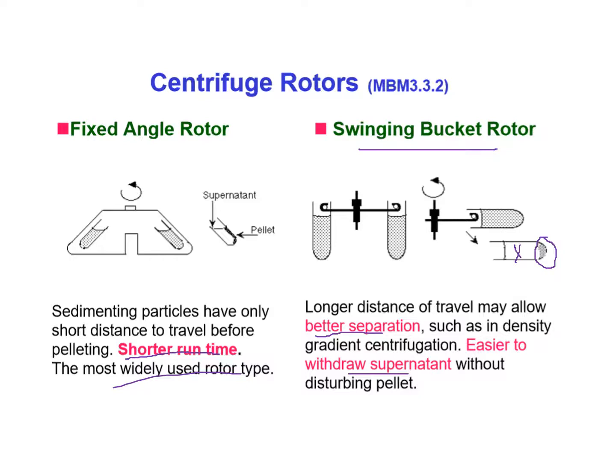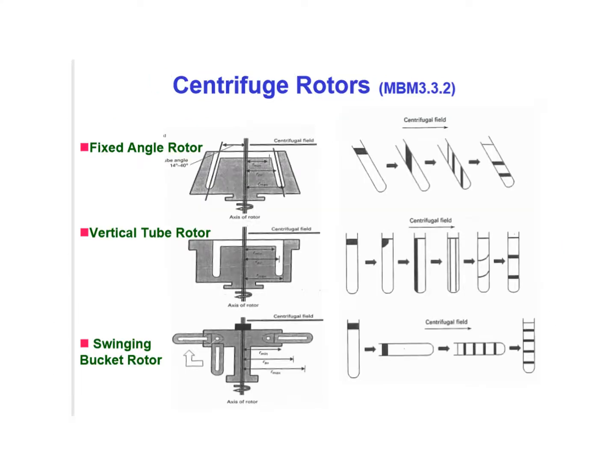Just again, it's empirical, depends on what you're doing. Okay, so you develop a roadmap. You just don't find a rotor and stick something in there. You've got to know what the rotor does, how fast, what you are trying to separate. Here's just some more. There's also vertical tube rotors. And here's the swinging bucket, and it's just showing materials getting separated.